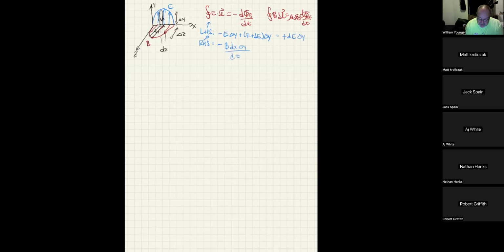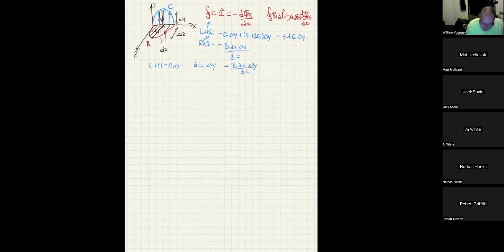That's d phi B over dt, right? So if I set these two equal to each other, left-hand side equals right-hand side, I get dE delta Y is equal to negative B dx delta Y over dt.